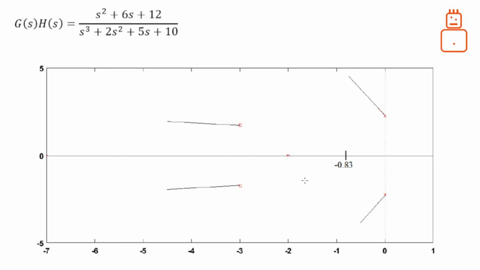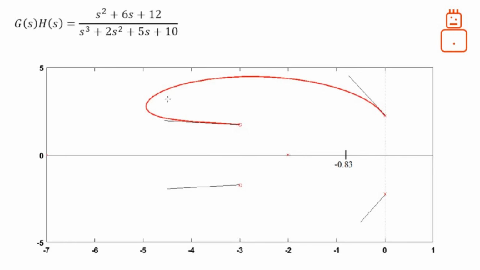So we start drawing the branches. As we know, we have 3 poles, so we have 3 branches. The rule says the branches come out from the poles and end at the zeros. So accomplishing this rule, we may draw this branch here using the guide of the angles of departure and arrival.